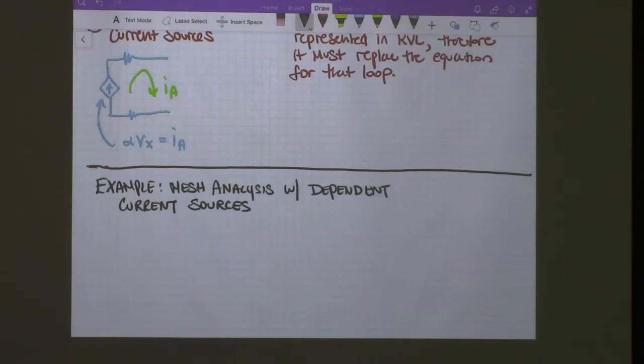But I think that's going to be the end of what we do for mesh analysis. But this makes sense because it is one of the more, let's say, confusing cases of how to treat these.